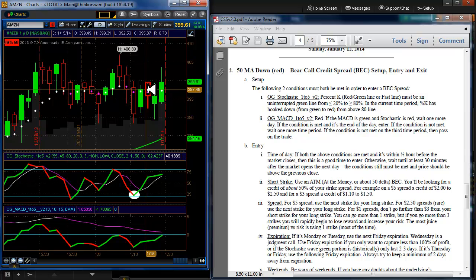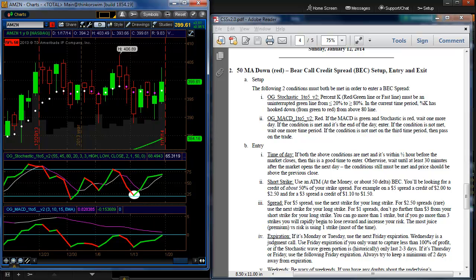And it would have been kind of scary a couple of these days here, but everything still remained green, and you stay in until expiration. If you're at 397.50, it closed at 399, so that would be 100% gain. In this case, it would have been maybe a $1.15 or something because of the 250 spread.